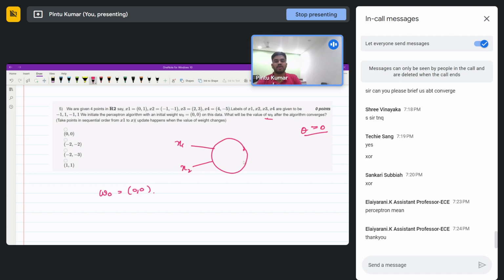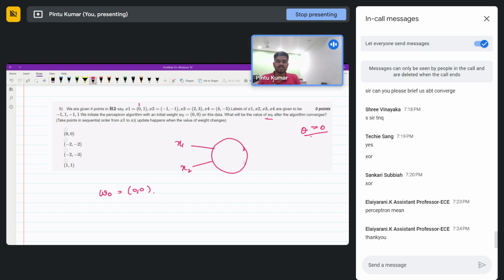We are not updating theta here because x doesn't have an explicit x0 that is always 1. So implicitly in the question, it is given that my theta is 0.